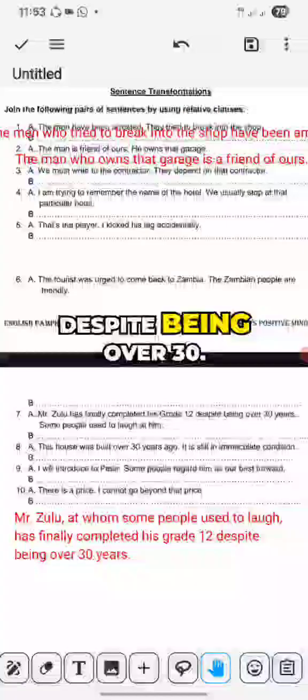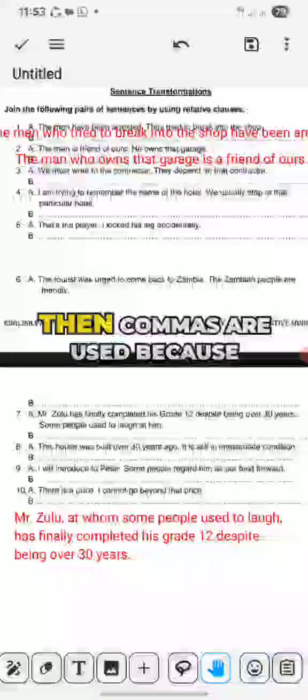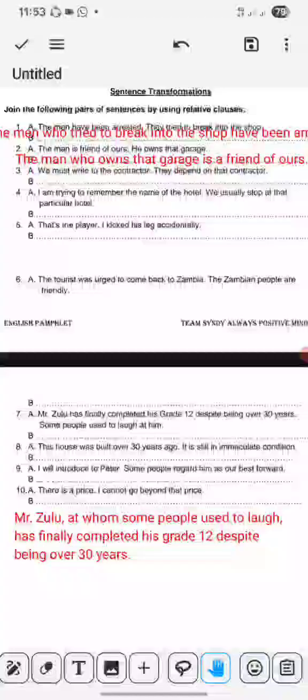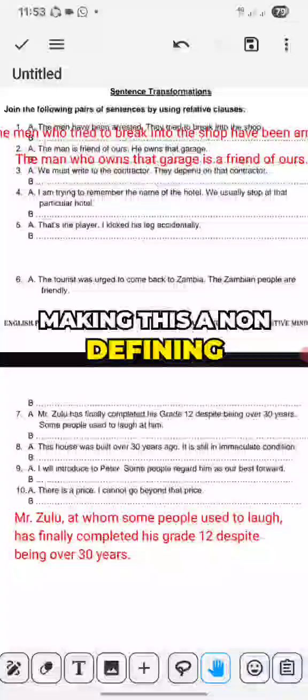Now, maybe some of you might wonder why the preposition has been put before the relative pronoun whom. In formal writing, whom is used for the person being laughed at in this sentence. Commas are used because Mr. Zulu is a proper noun, making this a non-defining relative clause.